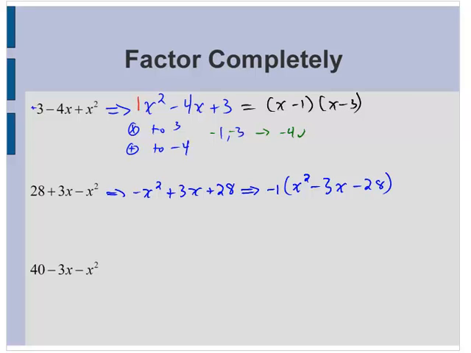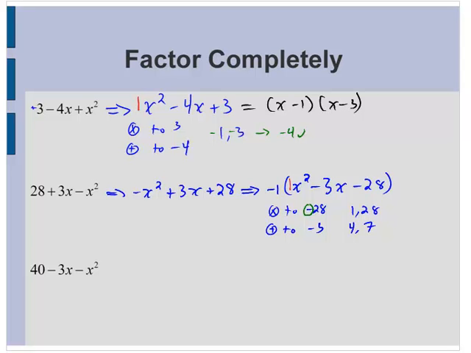All right, now I have a lead coefficient of positive 1 on the trinomial. So I want to find a pair of numbers that multiplies to negative 28 and adds to negative 3. Now, since we're multiplying to a negative number, that means I need different signs. Looking for the factor pairs of 28, I'd have 1 and 28, 4 and 7.